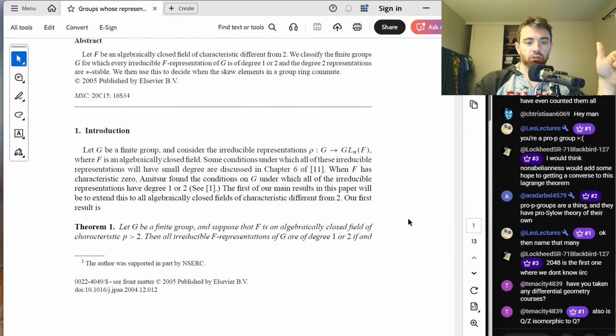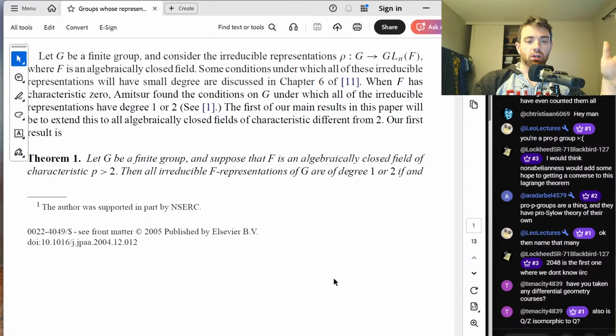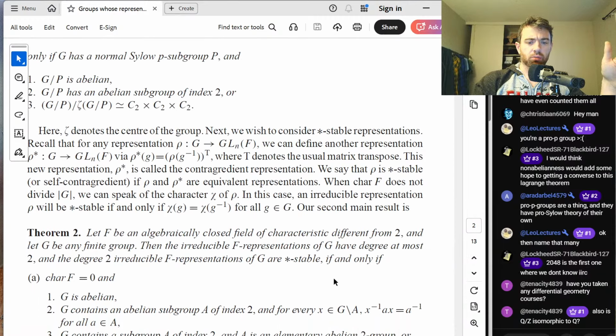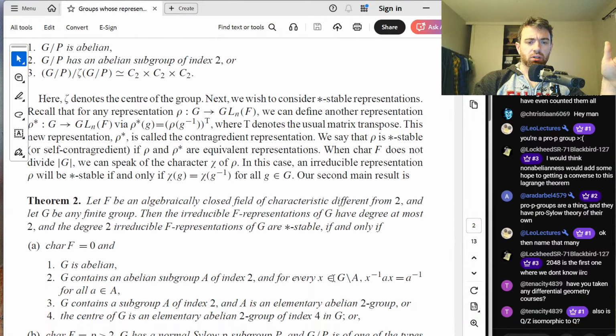This comes from a different paper, actually. Let G be a finite group and suppose that F is an algebraically closed field of characteristic different from 2. I think there's a characteristic 0 version somewhere here. And then this is star stable. So basically all the ereps are self-contragradient, which is the other condition.